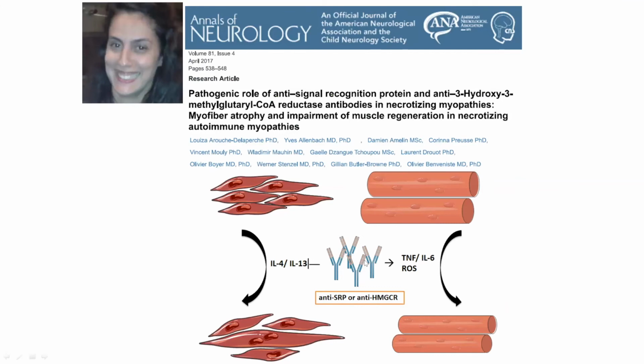And also, if you add these antibodies to already formed myotubes, then you induce atrophy. So presumably, these autoantibodies also induce a problem in the repair system of the muscles and induce some atrophy, which is one of the features of this disease.